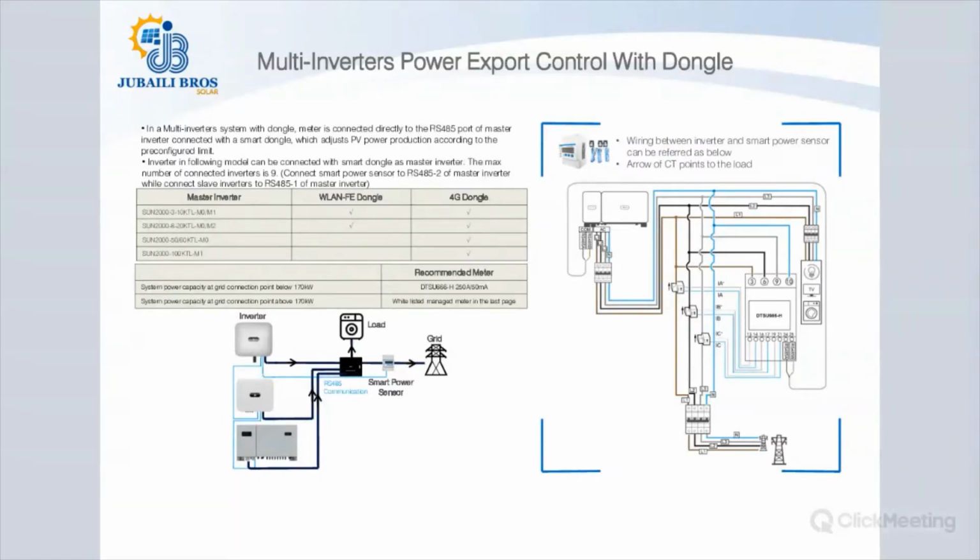If the system scenario or application is more than 170 kilowatt, which is equivalent to the 250 amps current, then we recommend to use third-party power meters at the grid connection point, which will have higher current ranges for measurements.